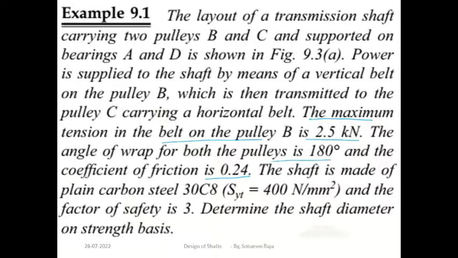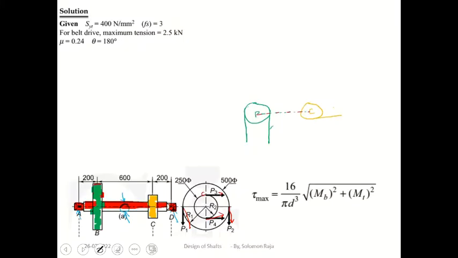The shaft is made of plain carbon steel, so they have given the tensile stress value. Also they have given the factor of safety as 3. We have to find out the diameter of the shaft. Let me erase these pictures.